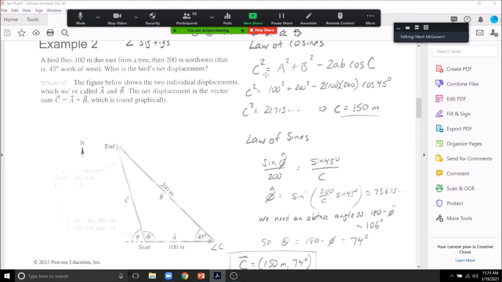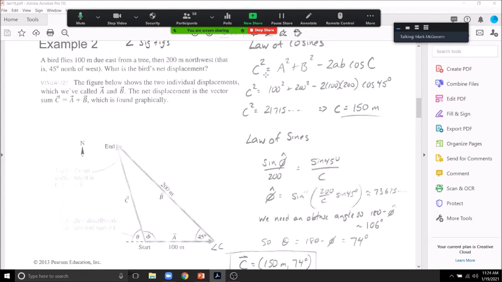I'm going to do law of sines. So I'm going to do the angle-side pair that corresponds to C. That's 45 degrees divided by the length of C, which is 150, but I'm going to put in the not rounded value.